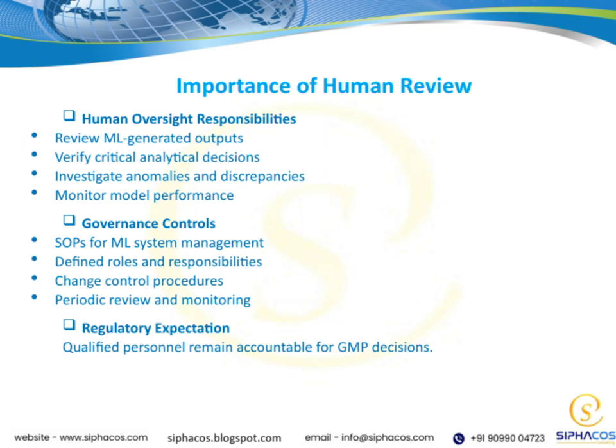Additionally, investigating any anomalies or discrepancies that arise helps us catch potential issues early and maintain confidence in our data. Monitoring model performance over time is equally important. It ensures that our models continue to operate effectively and accurately as conditions change.